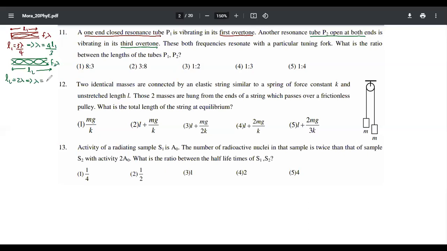Therefore, lambda is equal to L2 by 2. So 4L1 by 3 equals L2 by 2. Hence, L1 over L2 is equal to 3 over 8. Second is the answer, not the third one.